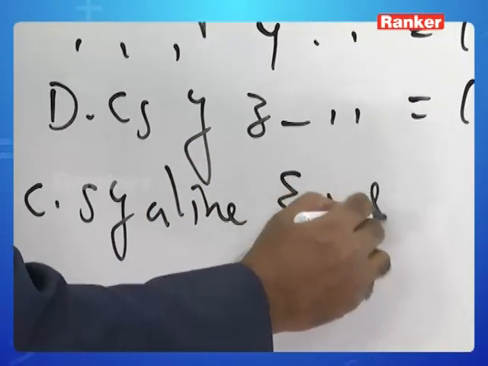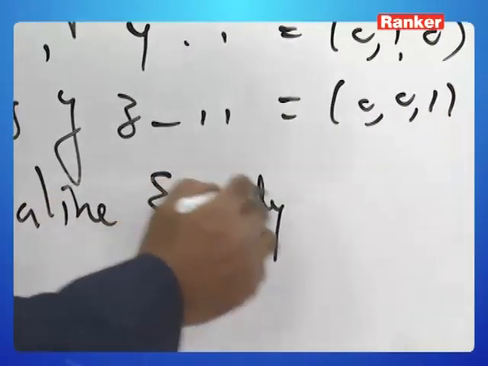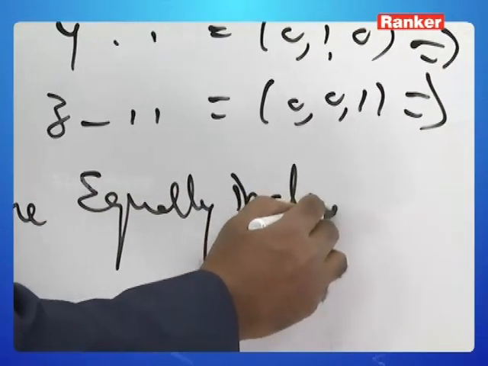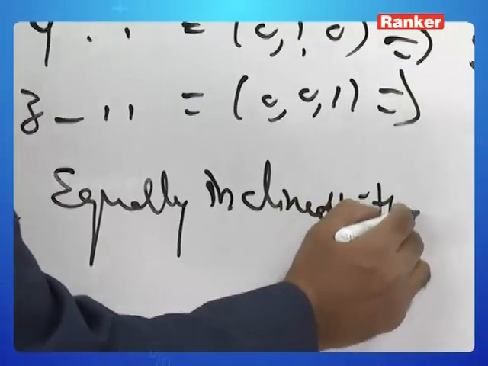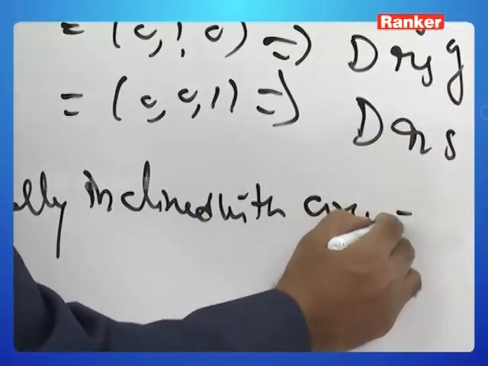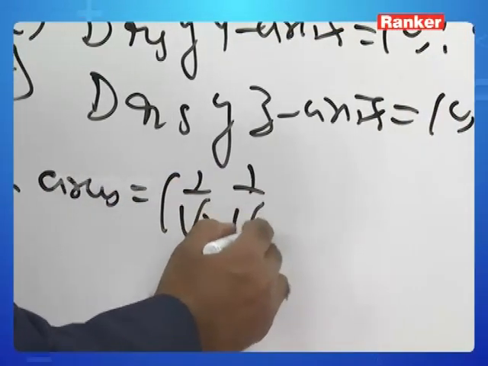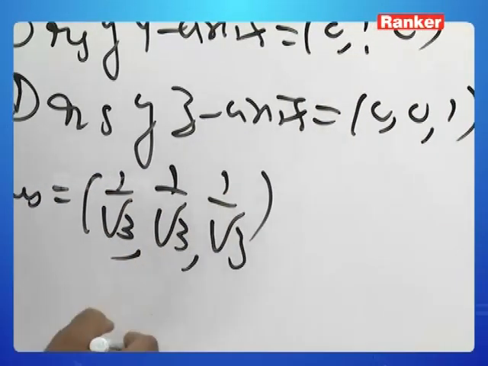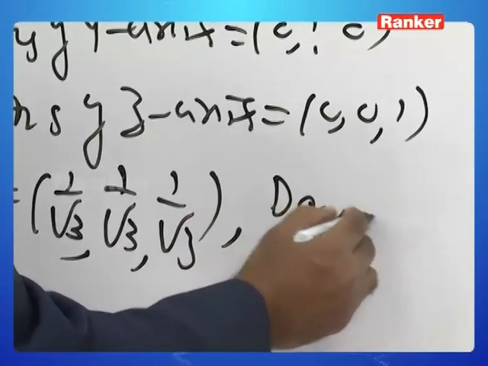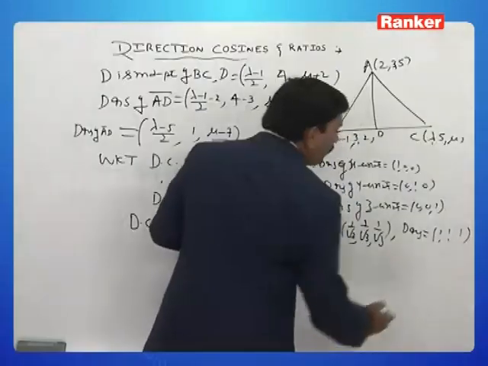DCs of a line equally inclined with the axes are equal to plus or minus 1 by root 3, plus or minus 1 by root 3, plus or minus 1 by root 3. What are the DRs? DRs are equal to 1, 1, 1.